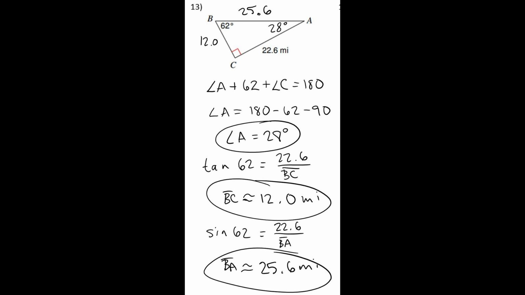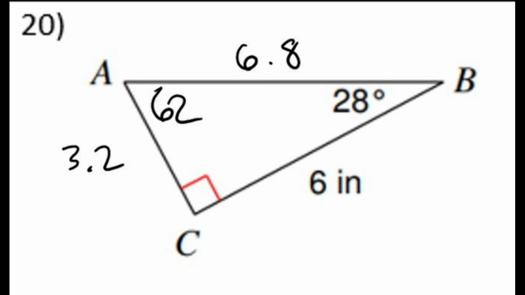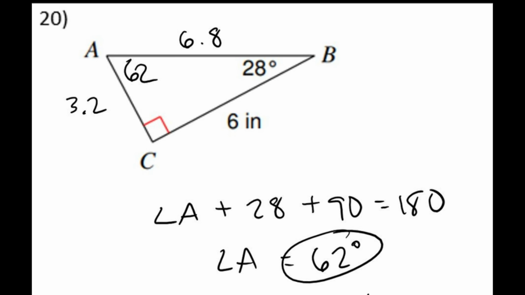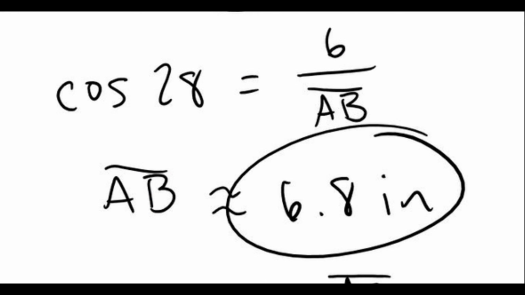All right, number 20. Same thing. We're looking for our missing angle and 2 missing sides. I started with the angle first. All the angles have to add up to 180. So I subtracted 28 and 90 from 180, and I got 62. So that's angle A. I did the cosine of 28 because I have the adjacent, and I was looking for the hypotenuse, and I found that to be 6.8.